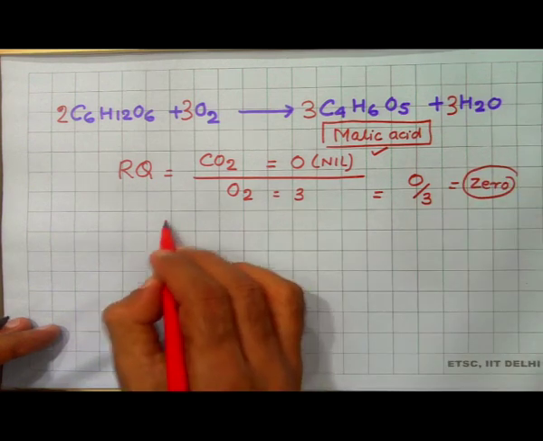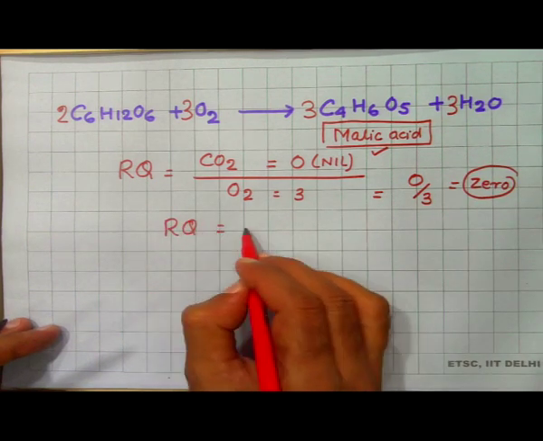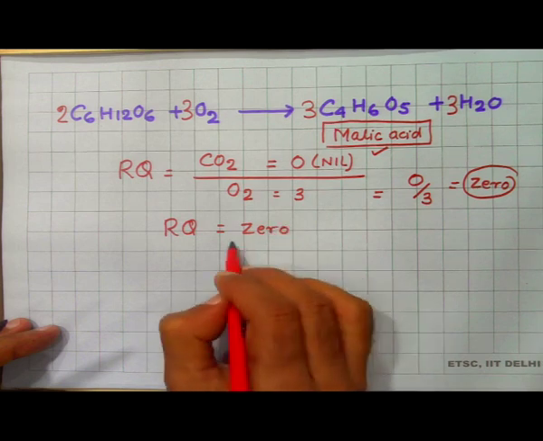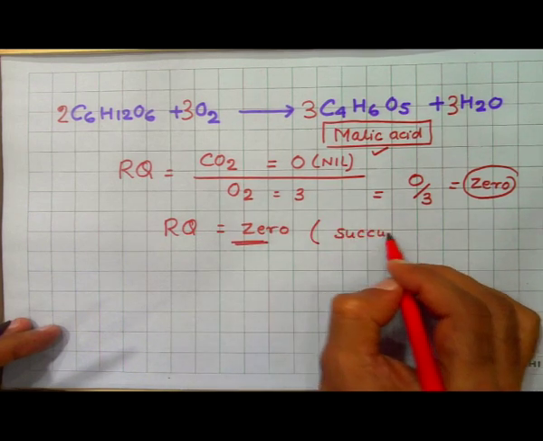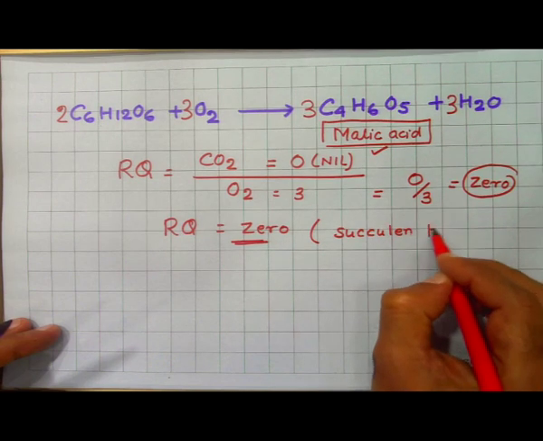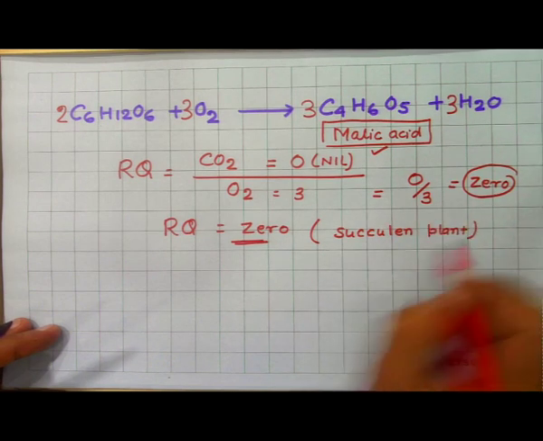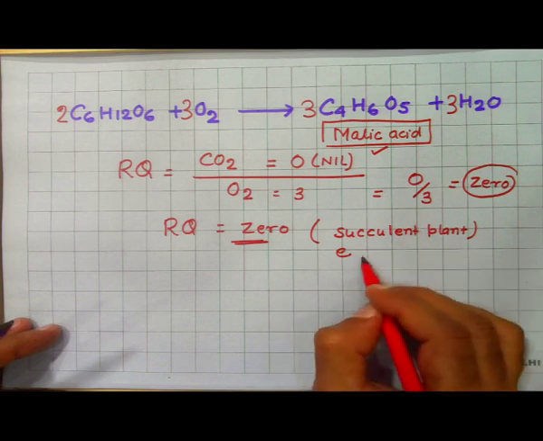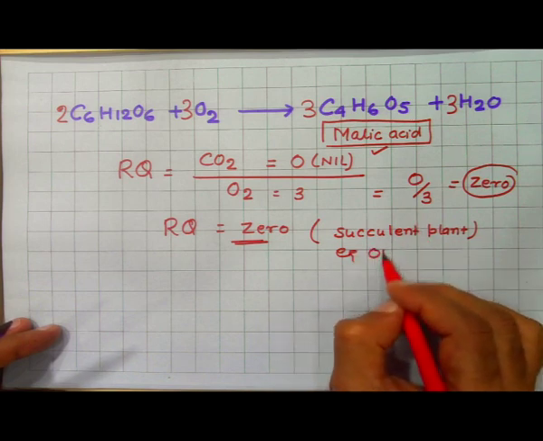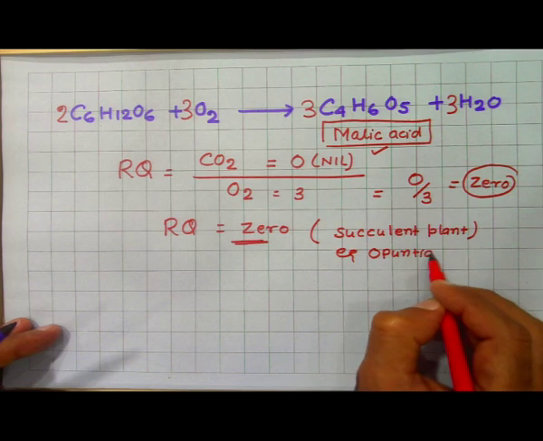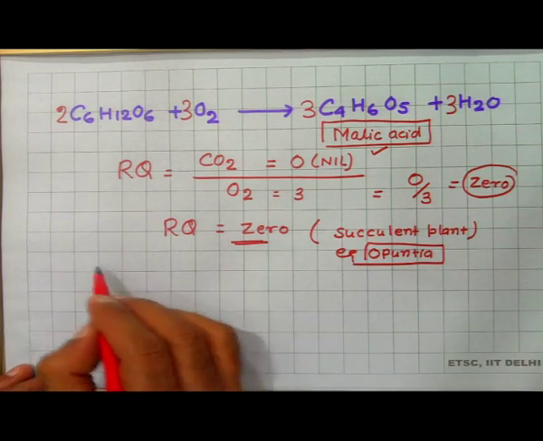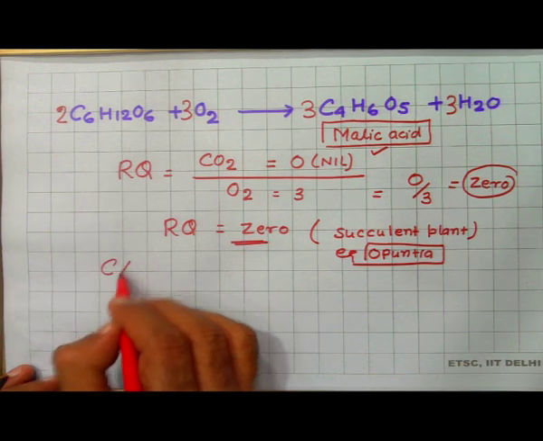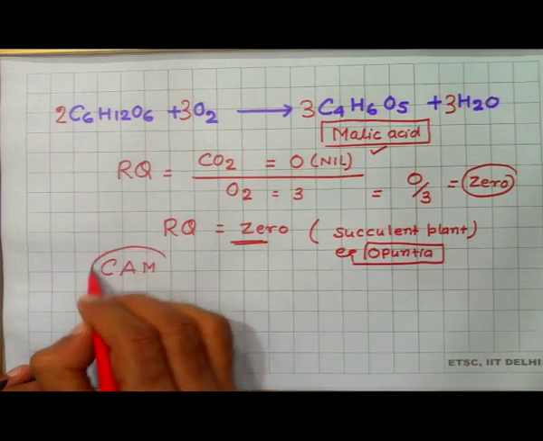When the RQ value is 0, it will be the succulent plant, example, Opuntia. We have already discussed this succulent plant in the EMP pathway, in photosynthesis, crassulacean acid metabolism pathway.